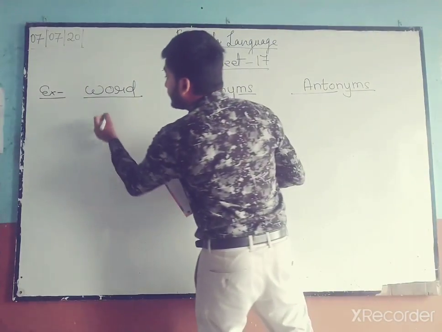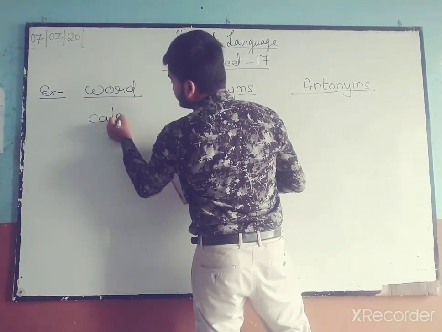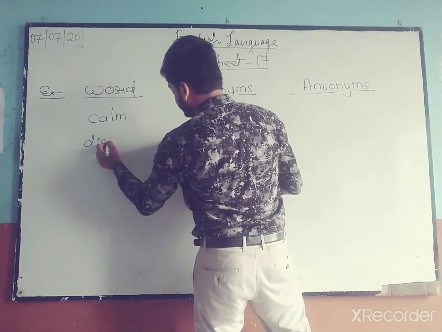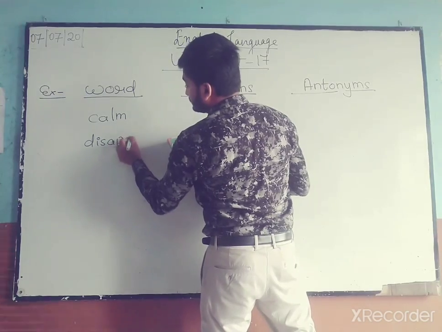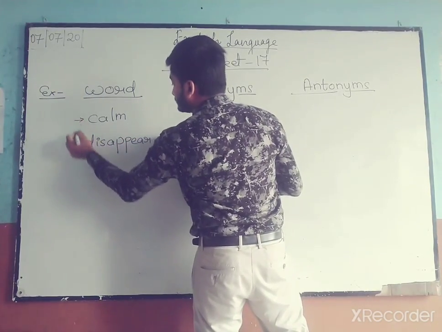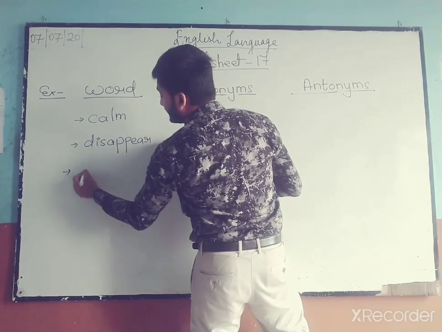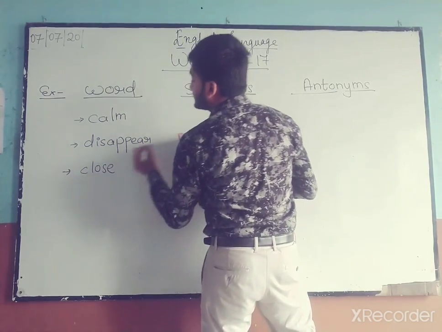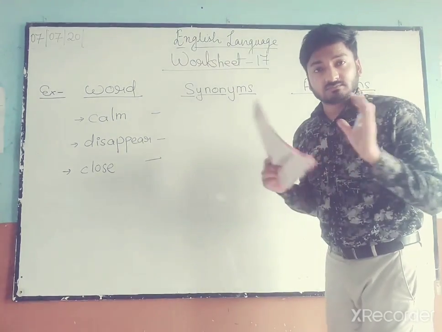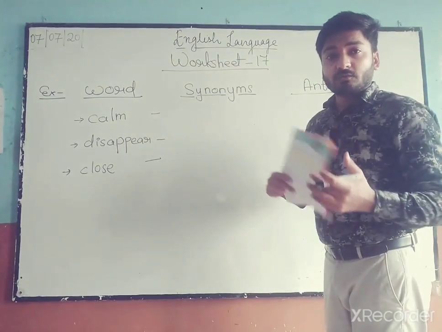So we will do the second one, which is calm. Next is disappear. And our last one we have close. Calm means shant, from inside or from outside.